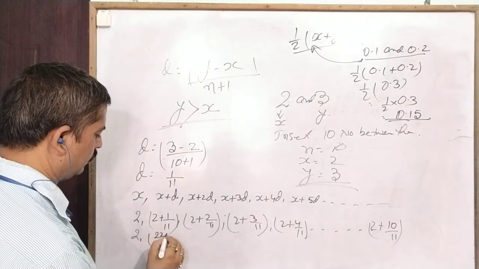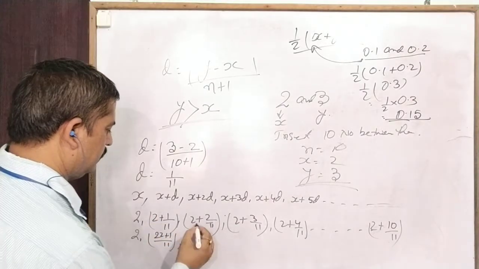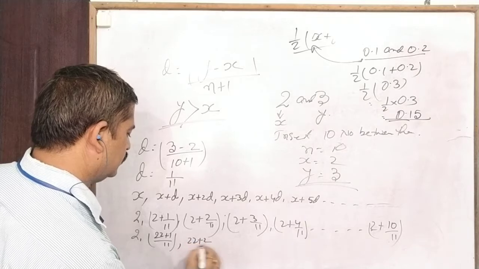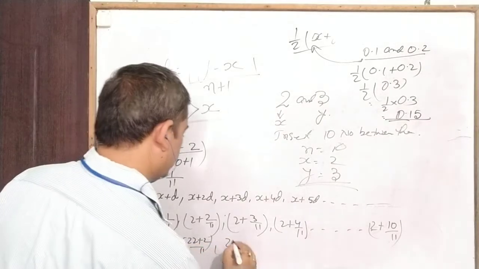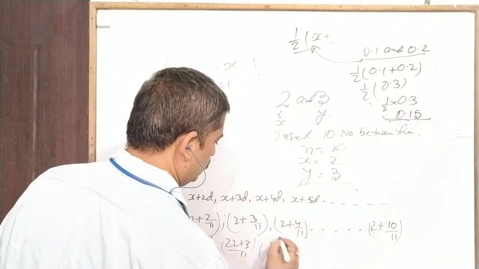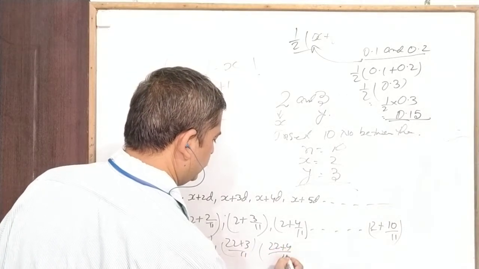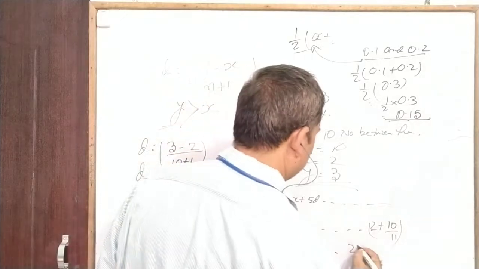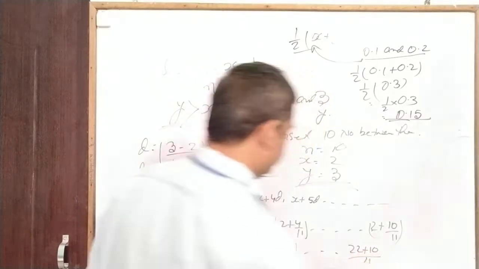So (22 plus 1) by 11, again (22 plus 2) by 11, (22 plus 3) by 11, (22 plus 4) by 11, up to (22 plus 10) by 11.